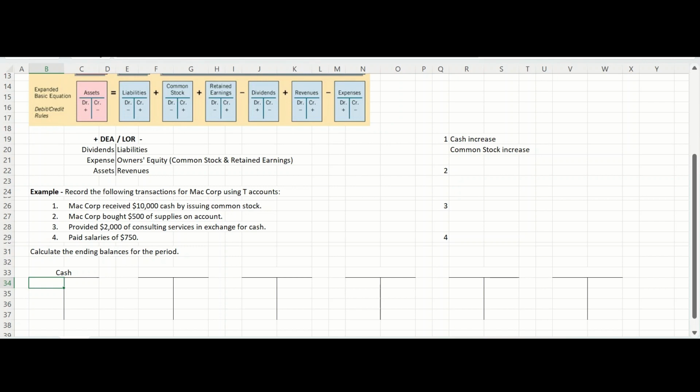We have been analyzing transactions all semester, so this step should be relatively easy given our time spent on using the horizontal financial statements model. We know how most common transactions affect the balance sheet, income statement, and statement of cash flows. Now, after the transaction is analyzed, the debit credit rules are used to determine how to record the transaction.